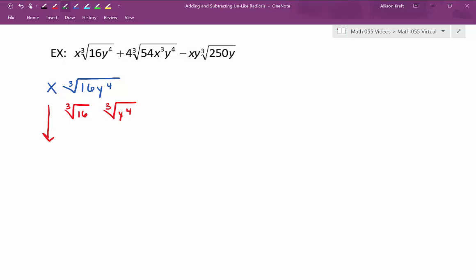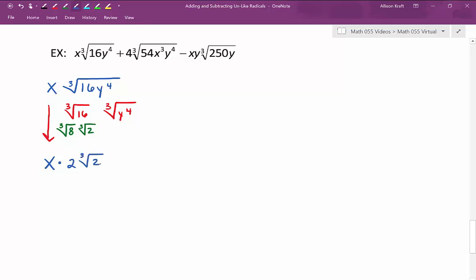We want to simplify the cube root of 16. We look for the largest perfect cube that's a factor of 16. 8 is it? So this becomes the cube root of 8 times the cube root of 2. So here's my multiplication by x out in front. Cube root of 8 is 2.